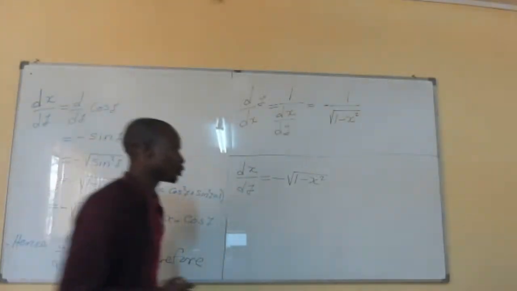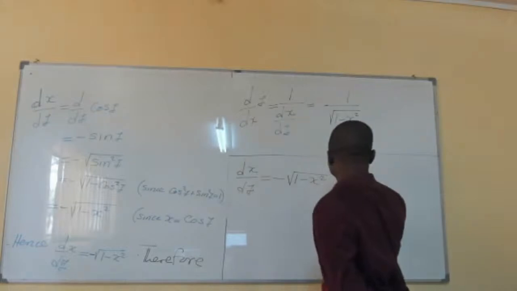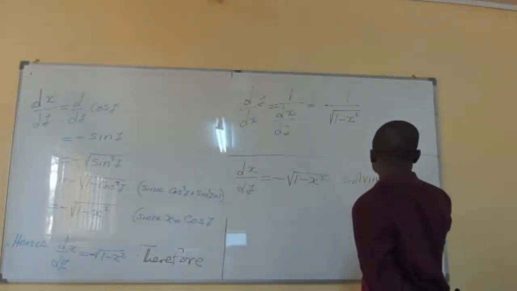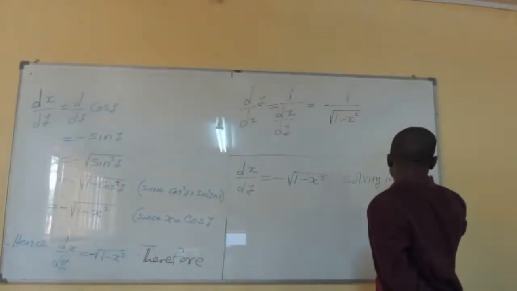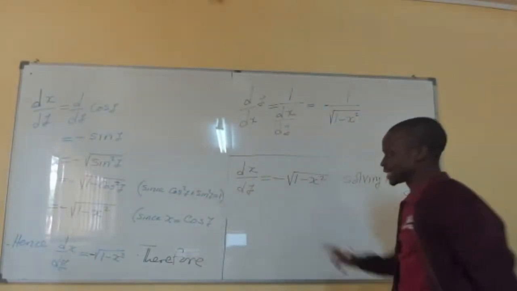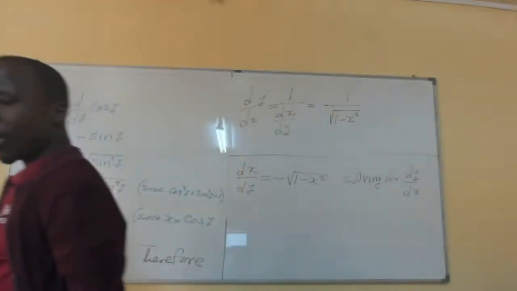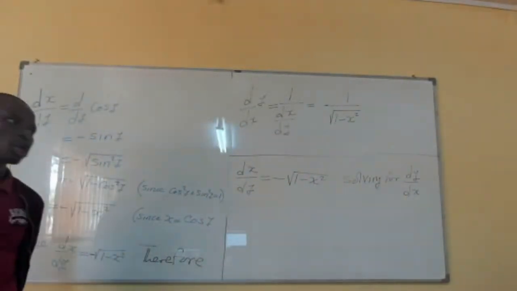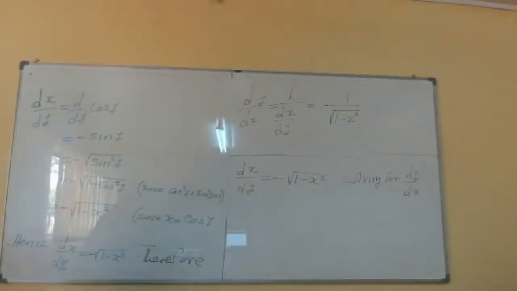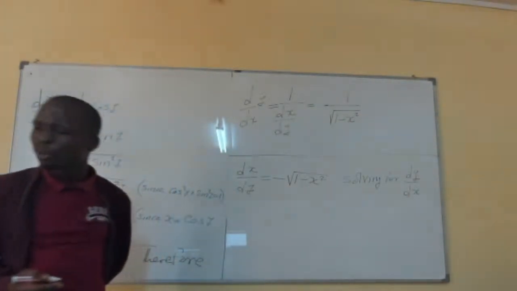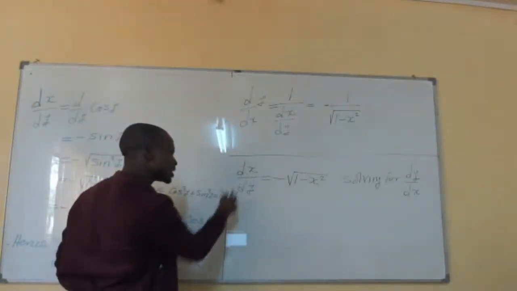So what we're supposed to do is solve for dy/dx in this equation. Our aim is to solve for what? dy/dx. So what can we do for us to solve for dy/dx? This is the question that we are asking ourselves. Now, let's do it from the layman's point of view. Let's assume this is a ratio.